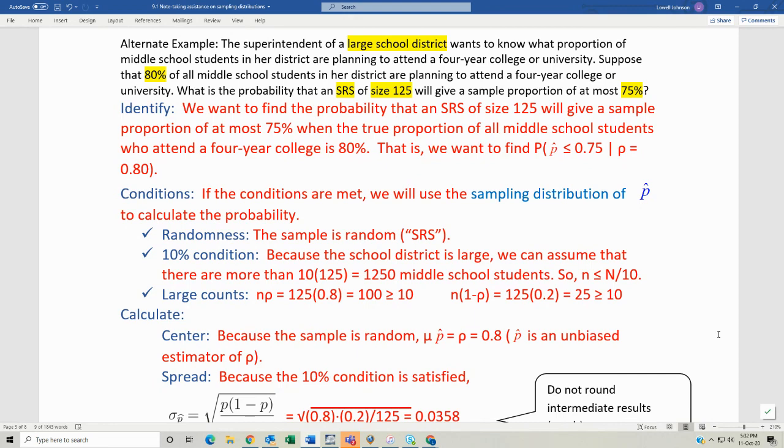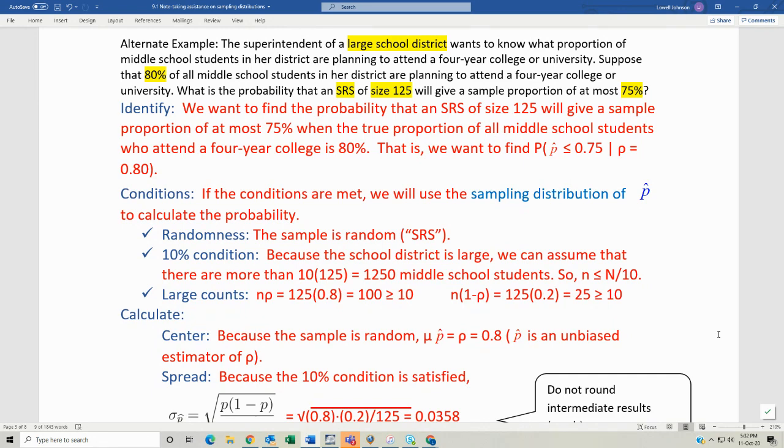Suppose 80% of all middle school students in her school district are planning to attend a university. So p is equal to 0.8. What is the probability that if we took a simple random sample of 125 students, we'll get a sample proportion of at most 75%, or 0.75?